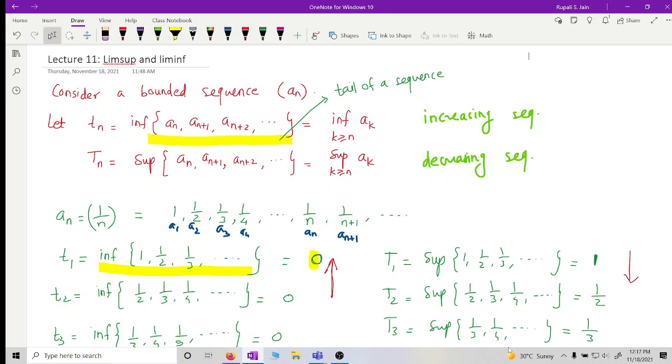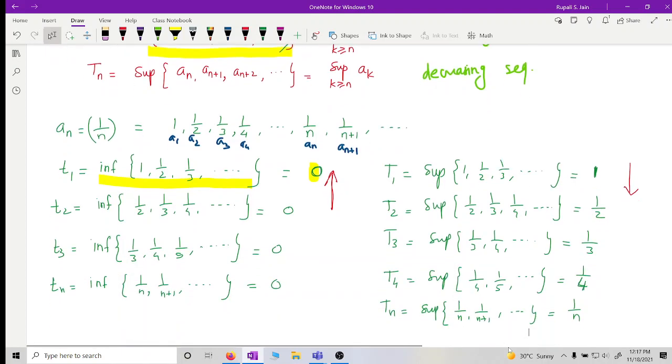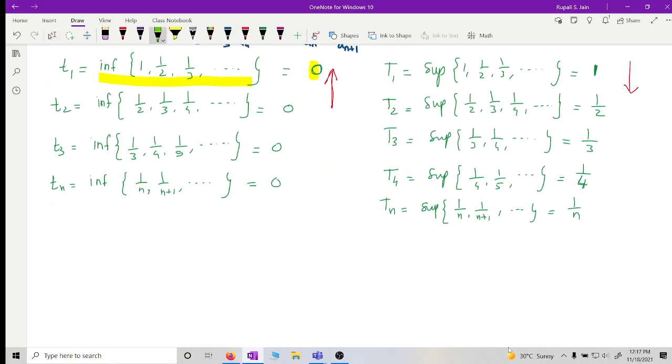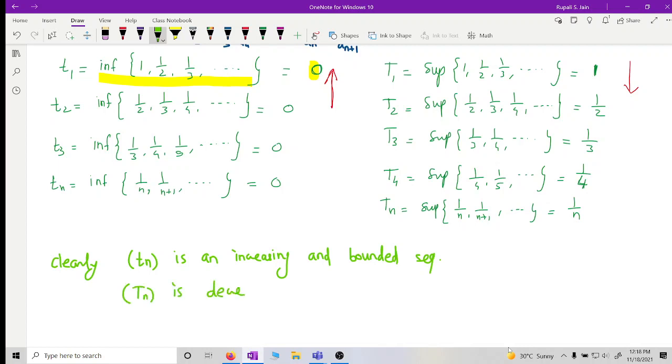So clearly, small tn is an increasing and bounded sequence, as well as capital Tn is a decreasing and bounded sequence.